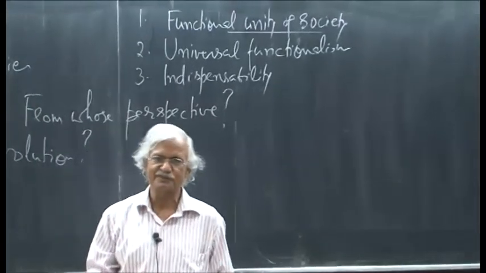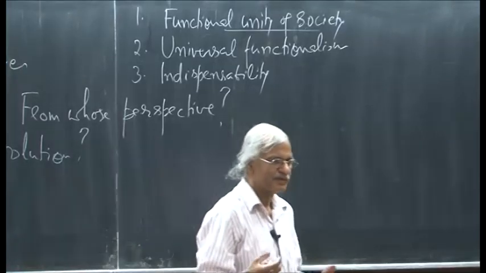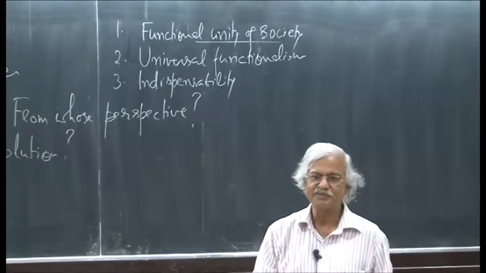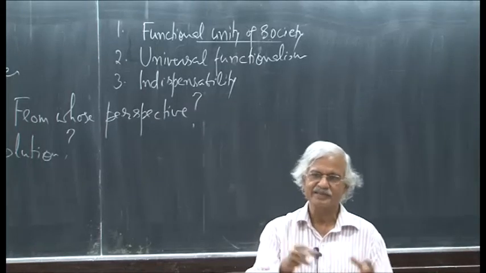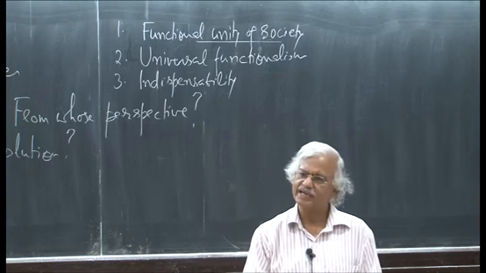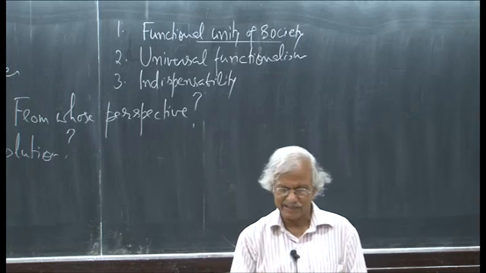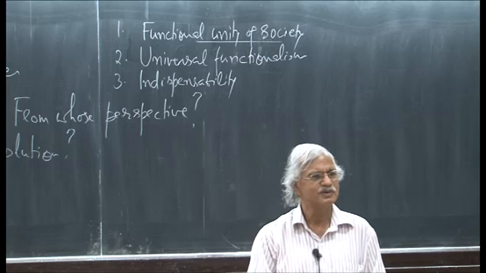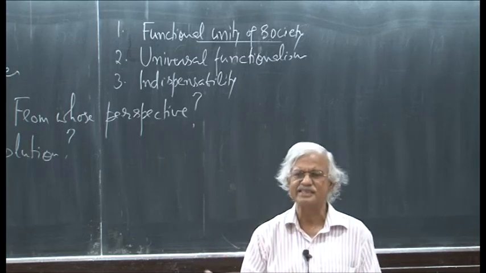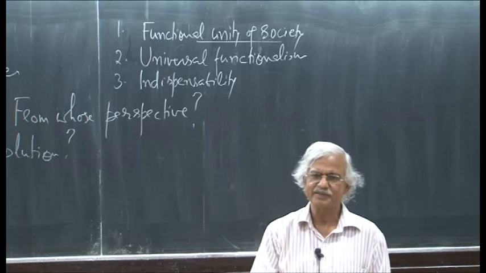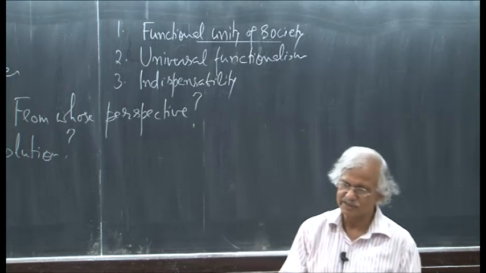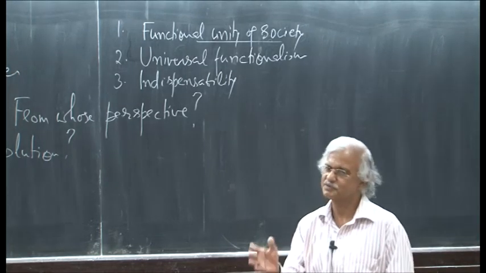Statics was about relationships between different parts of society, and dynamics was the relationship between one part of society and the whole society. And society has both static aspects and dynamic aspects. When one part changes, the whole society changes, or when the whole society is changing, as it is becoming more modern, more advanced, industrial, post-industrial, then all parts of society are changing.